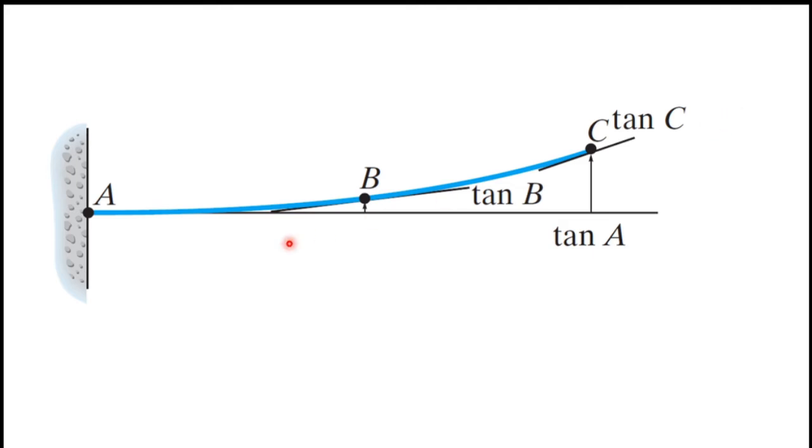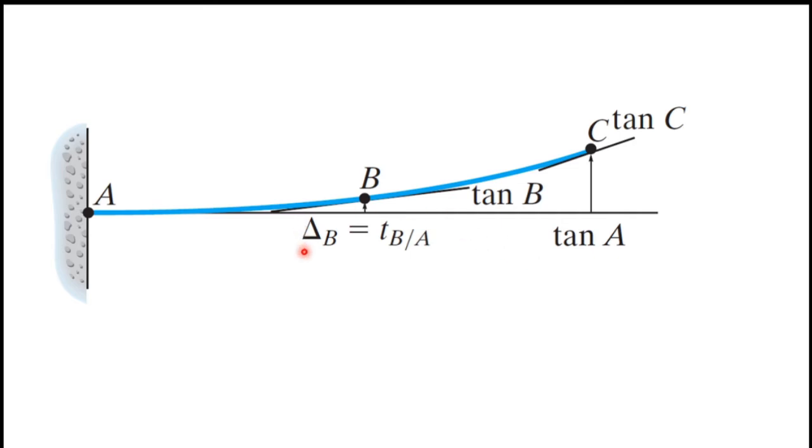Next I am going to mark deflections. At A there are no deflections. At B there is a small deflection. I will mark it with respect to this tan A. So I can label it as delta B, which is the deflection of point B, equals TB with respect to A, because tan A is the initial state of this beam before it deflected.